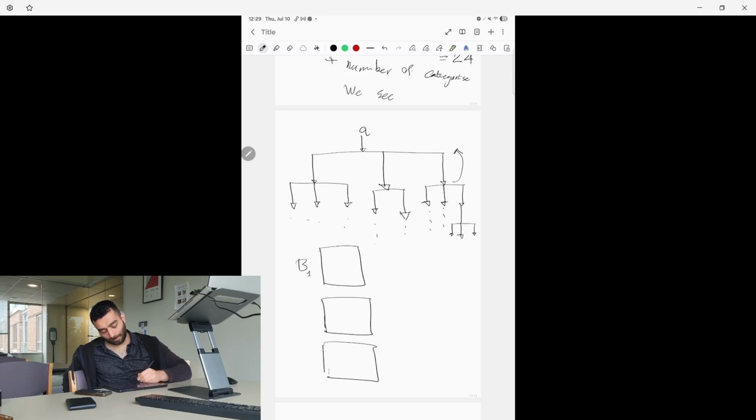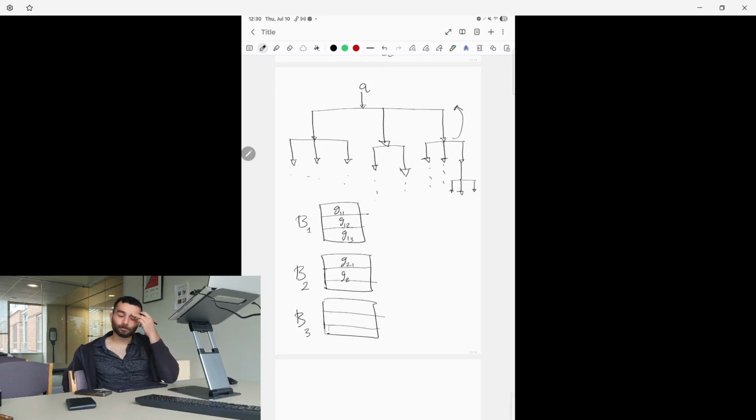That's bag 1, bag 2, bag 3, and each bag has subcategories, which are like G1, G2, G3, G4, G11, G12, G13, G2, G23.